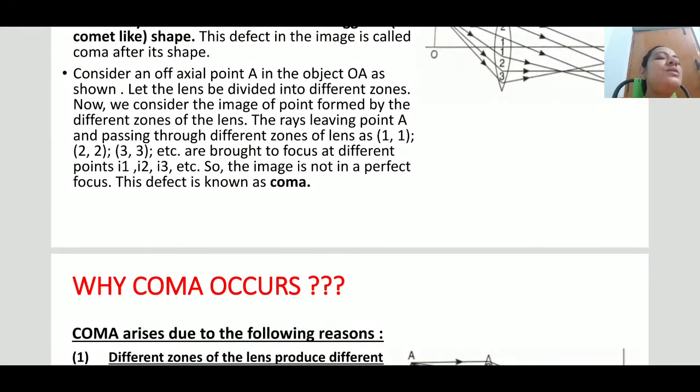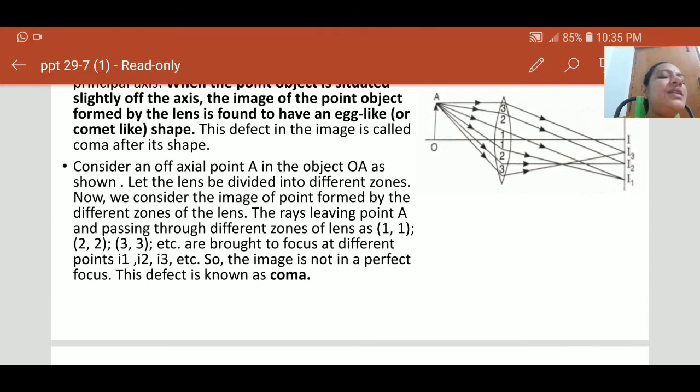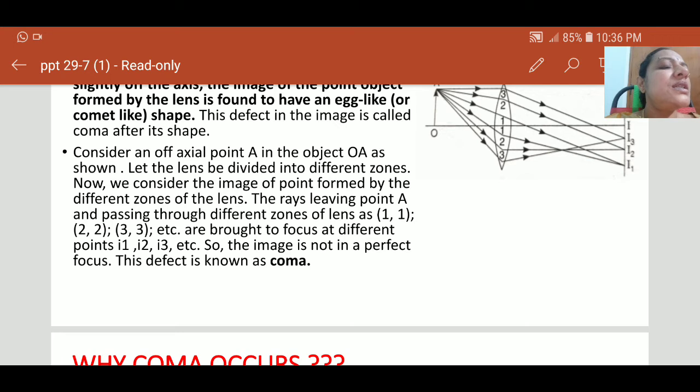Coma arises because the rays coming from the object are incident on different zones of this lens. The lens is considered to be a group of different zones, that is 1 1, 2 2, 3 3. The rays incident on the 1 1 zone form the image at I1.